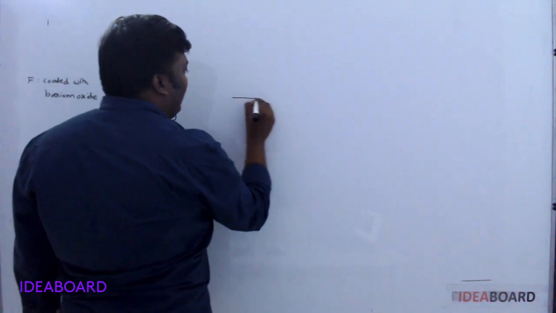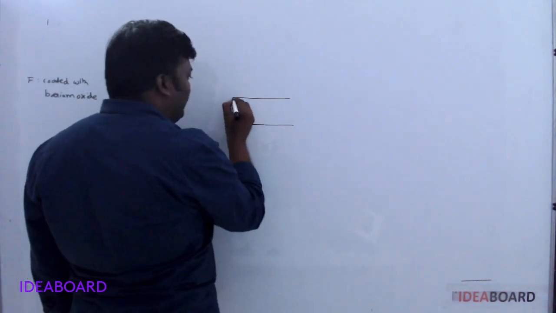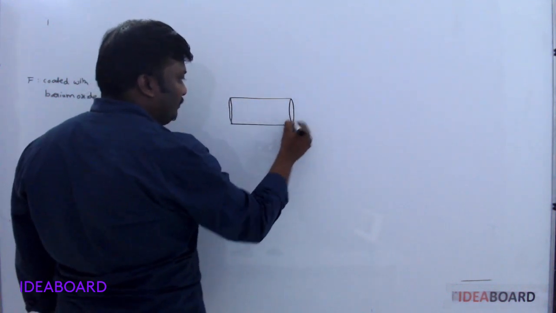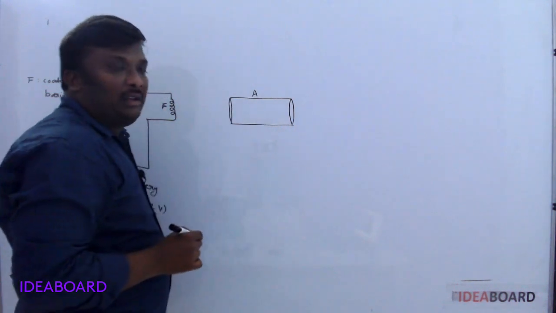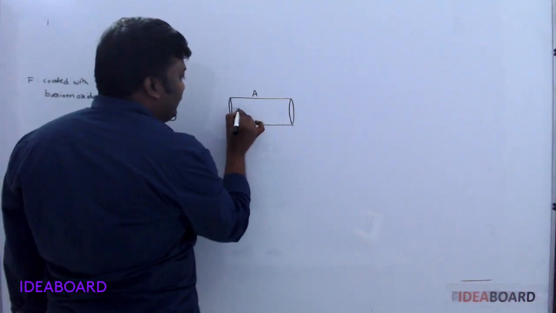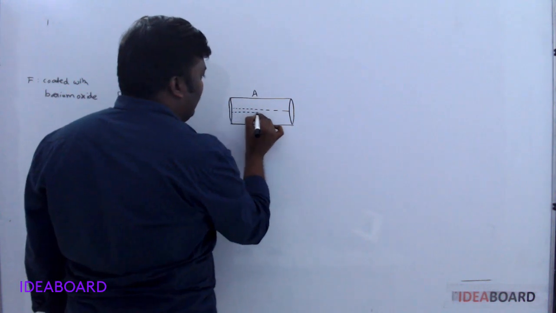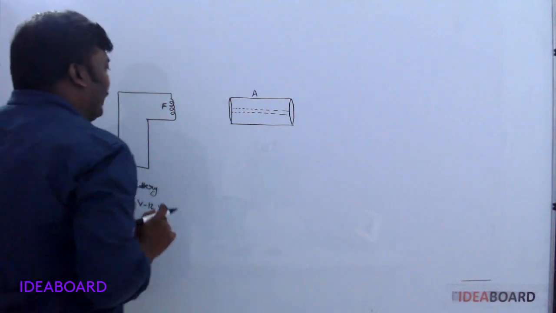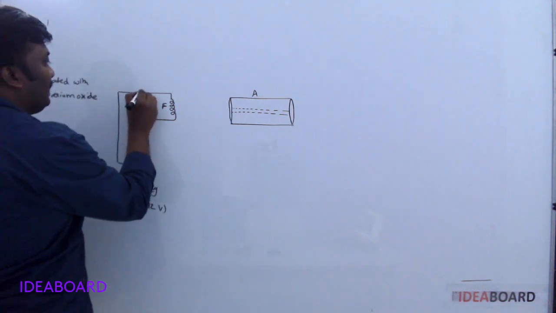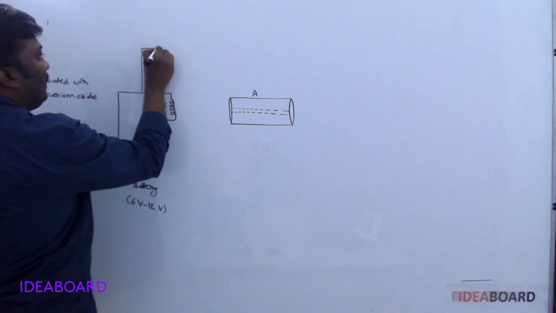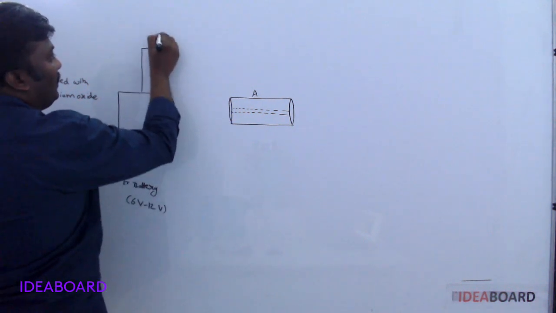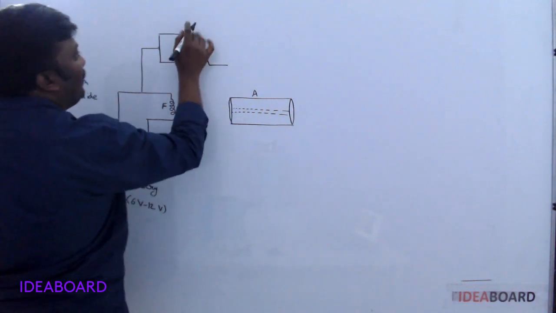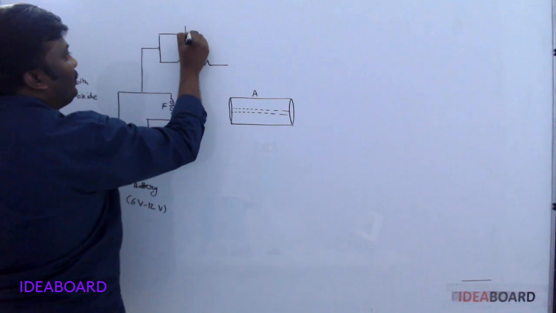In the experiment, they considered one anode in the form of a cylinder. Along the axis of the anode, there is a small hole. The filament and anode are connected by means of a high tension battery.